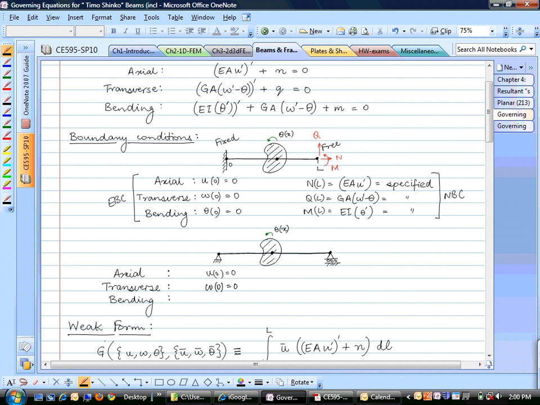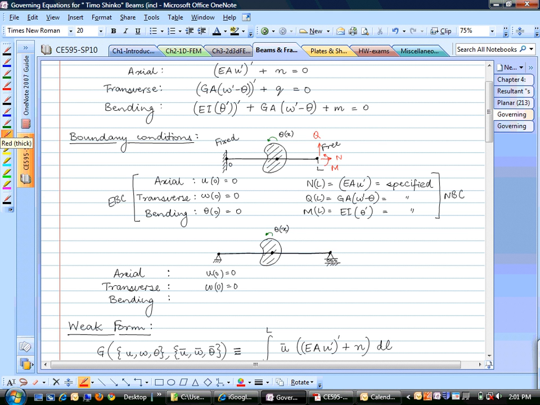How about bending? How do we write the boundary condition for a simply supported beam for bending? We cannot say that the rotation will be 0 here, right? It won't be 0. But if there is an applied moment, that moment will be the boundary condition. In general, for simply supported beams, we don't have an applied end moment, but we could conceivably have an additional applied moment.